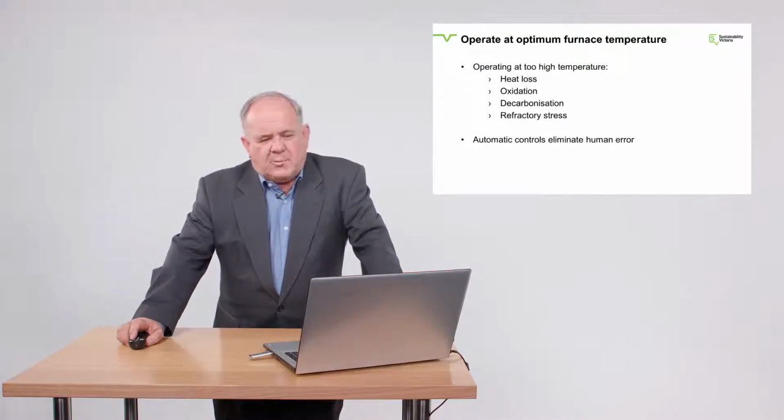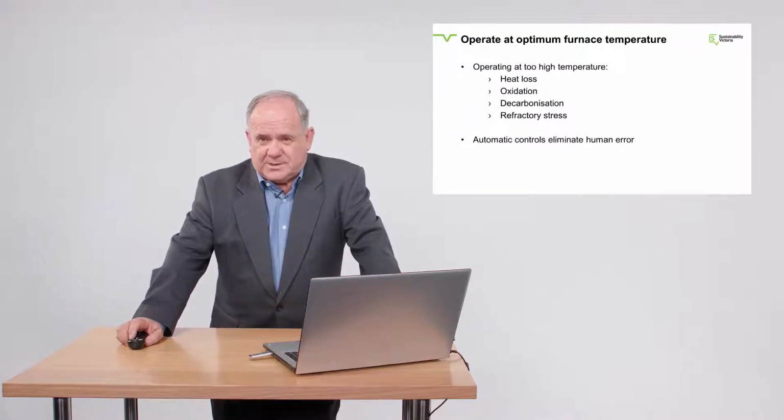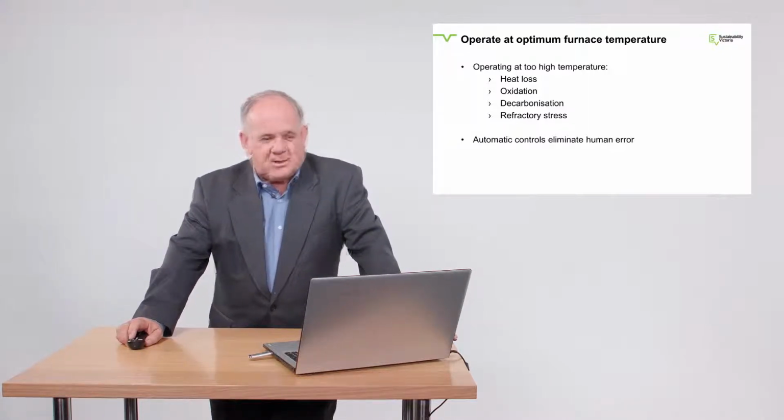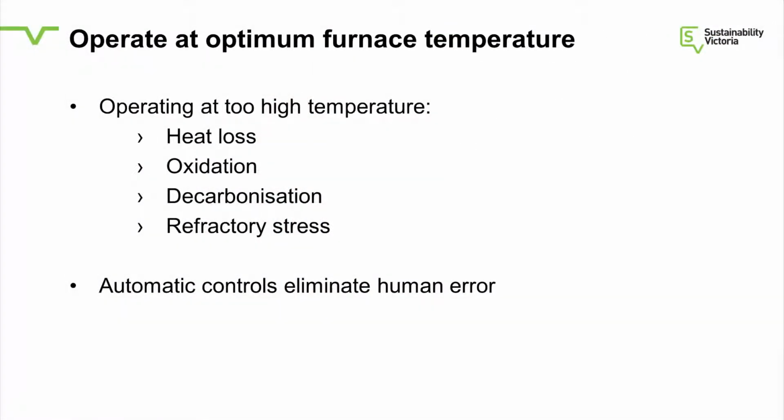We said operate the furnace at the right temperature, if you can set the right temperature. If you operate it at too high a temperature, you get more heat loss. Like we said, the process is at a higher temperature, the flue's at a higher temperature, so the losses are higher. You can create oxidation, say in metal processes. If you run at very high temperature, you can oxidise the metal and you create losses in the amount of metal that you're heat treating because you're oxidising it.